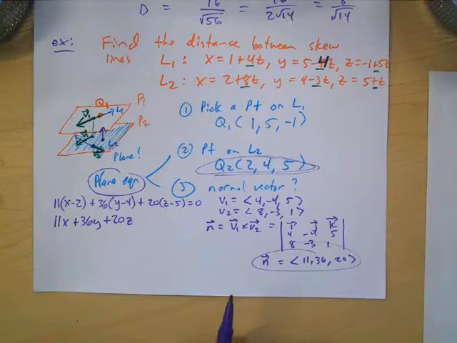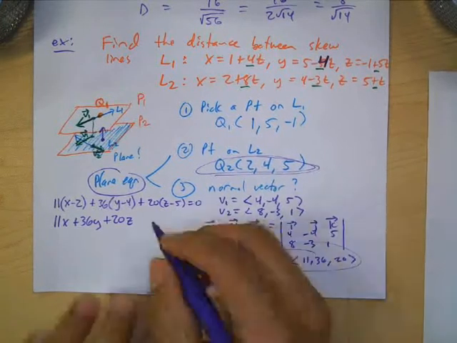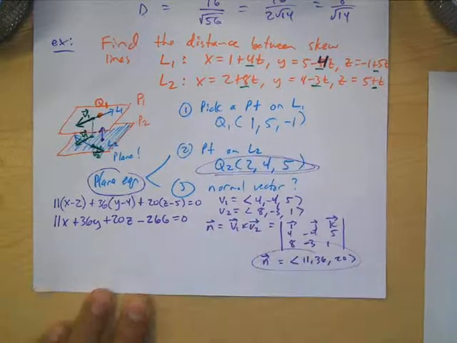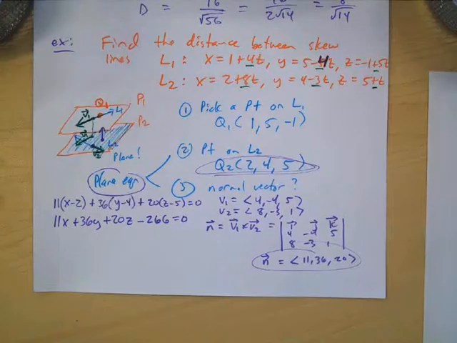You guys figure it out. Negative 100, negative 122, negative 144, or negative 266. Yeah? So now we are set up.